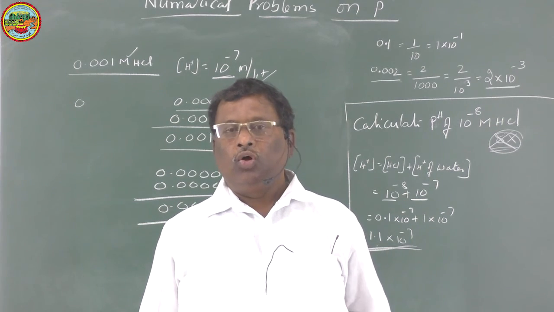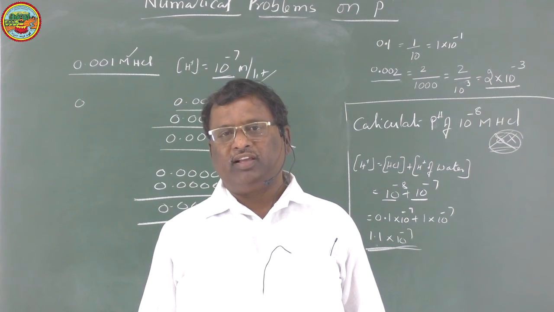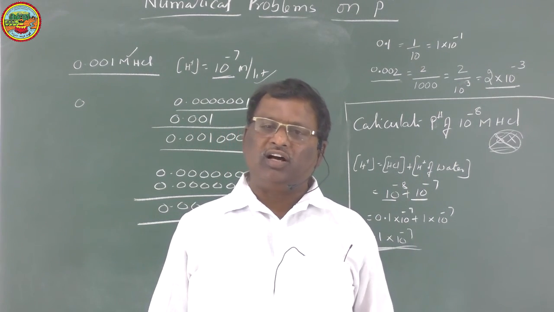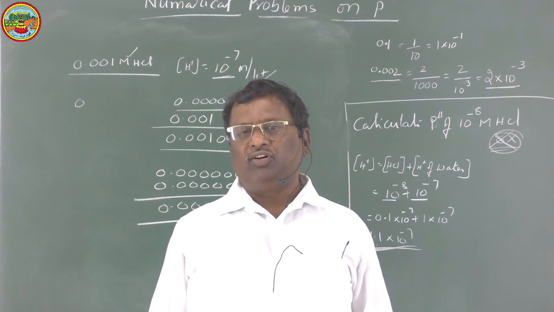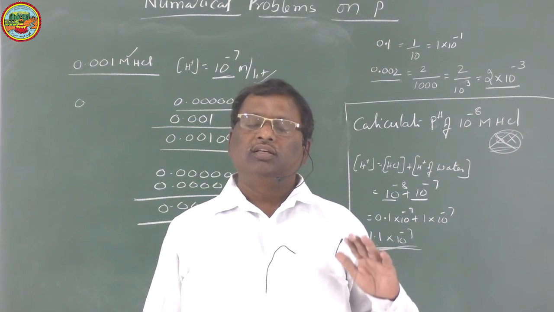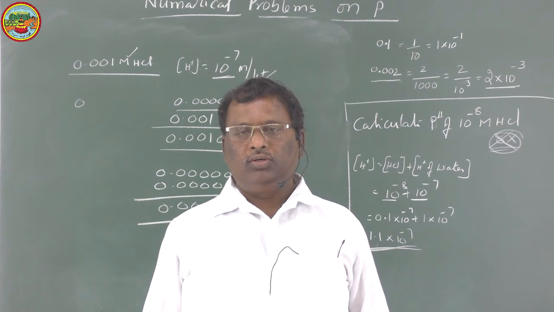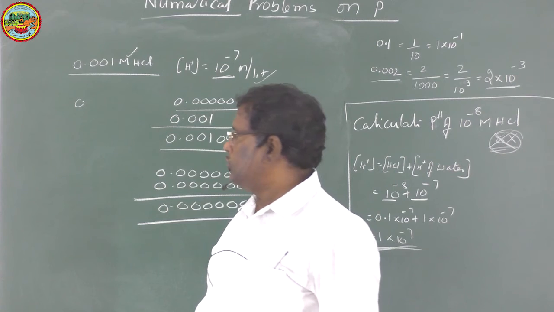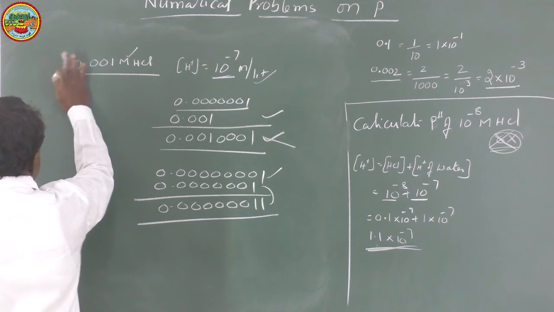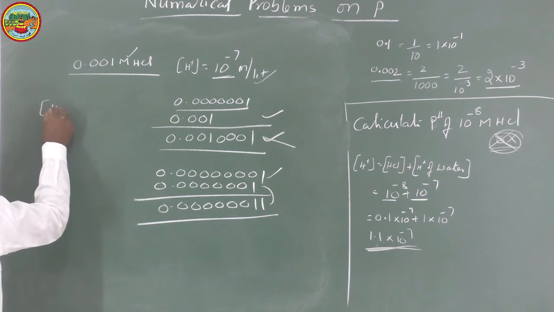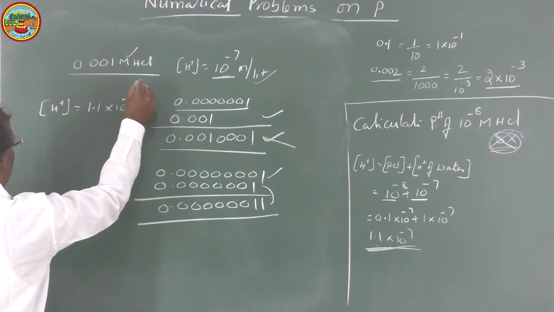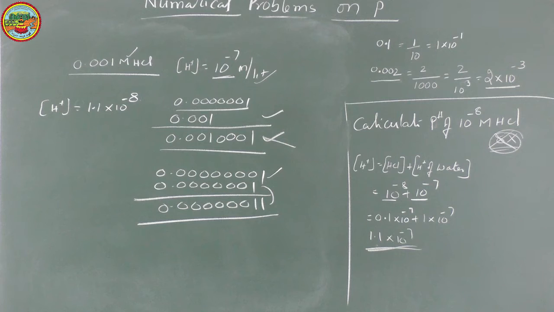But when the concentration of H plus ions of acid is less than the concentration of H plus ions of water, we cannot ignore the concentration of H plus ions. So here in 10 to the power minus 8 mole HCl, the concentration of H plus ions will be equal to 1.1 into 10 to the power minus 7.